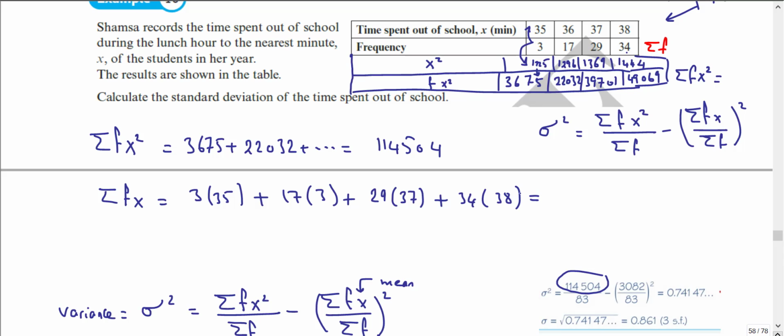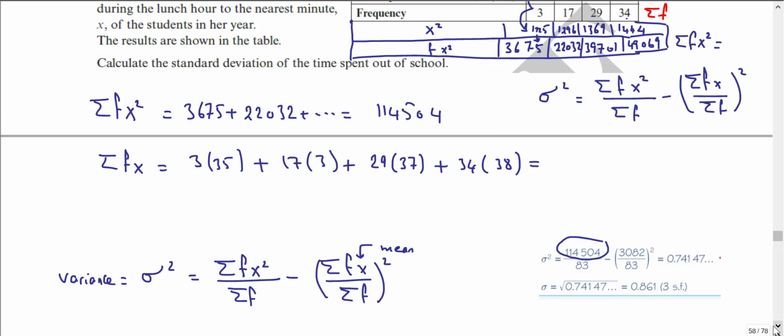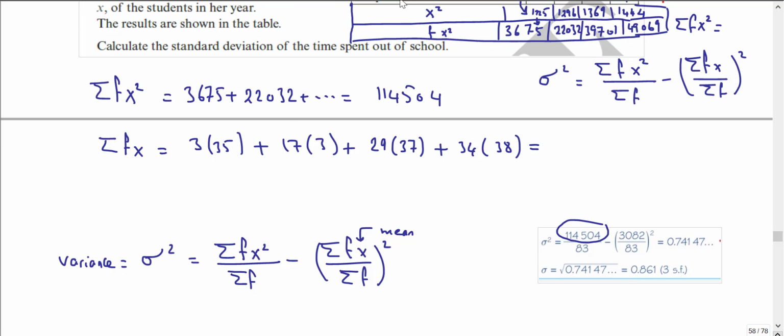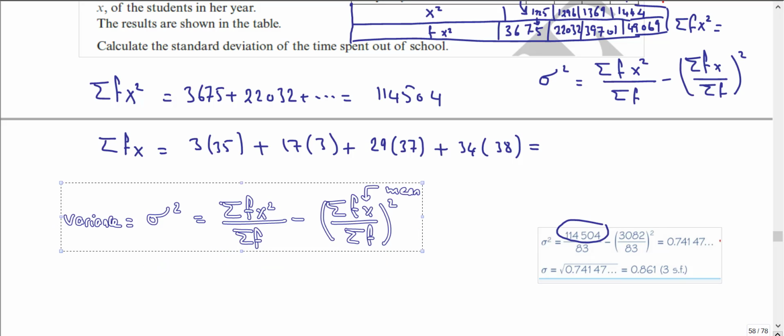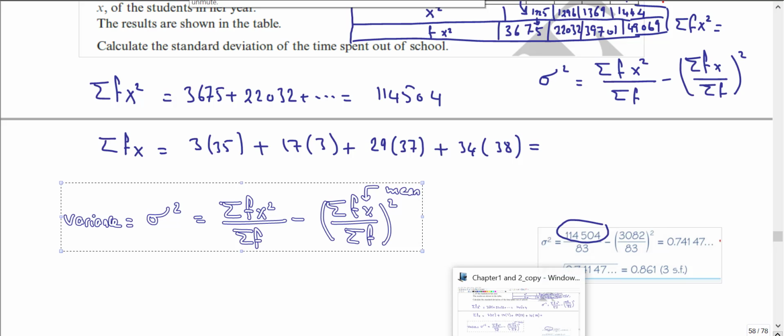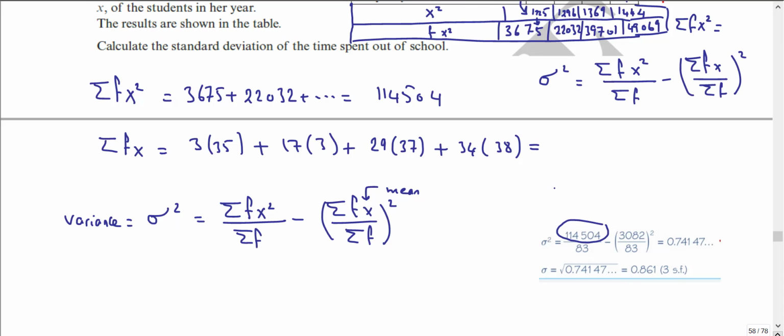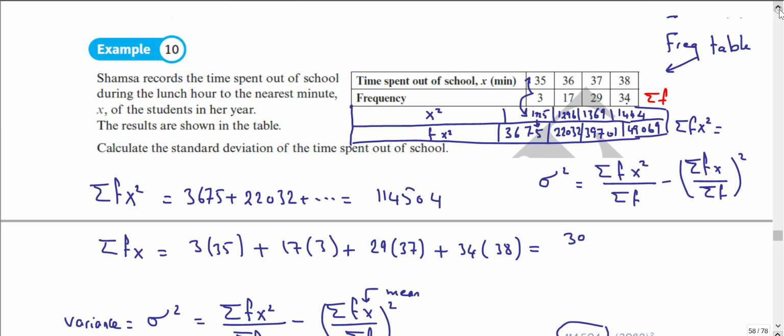Tell me what's the answer for this. The answer is 3082.